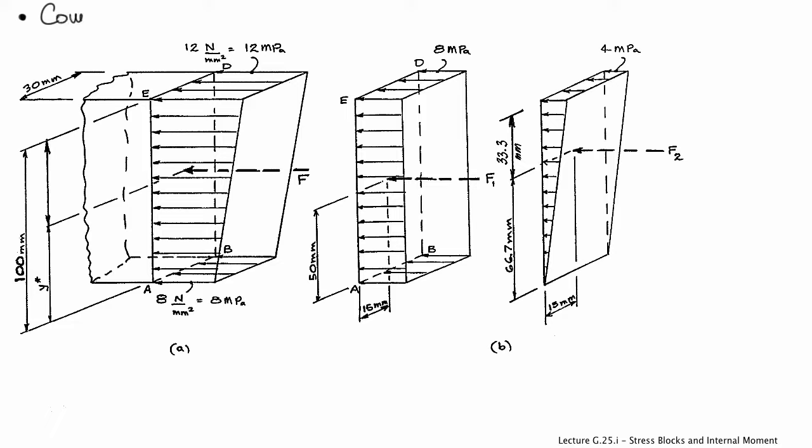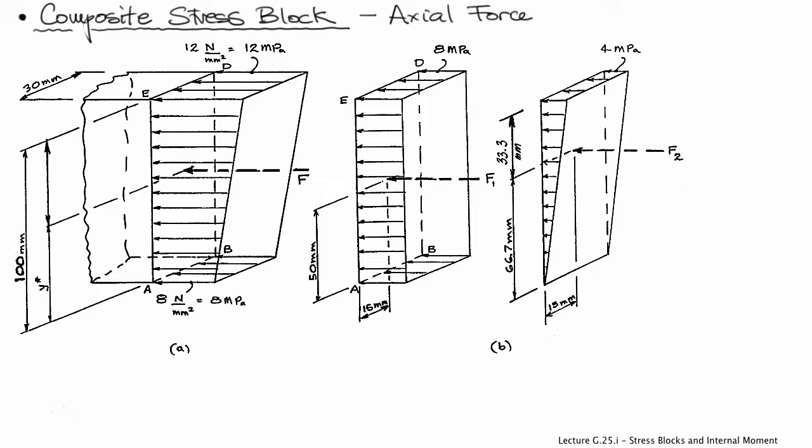However, if we have something else than just the axial force on the cross section, maybe there's a combination of the axial force and some bending moment, then we will end up with a composite stress block. A stress block that is not constant anymore.